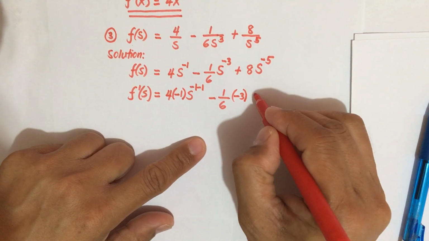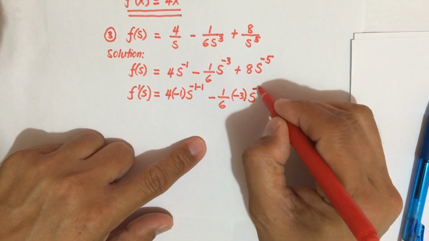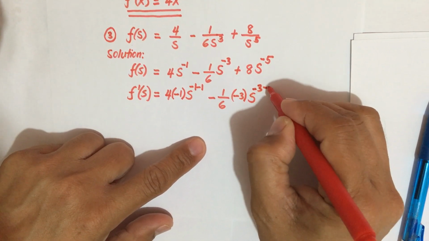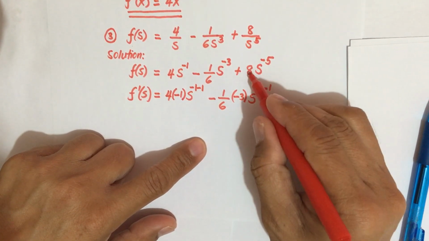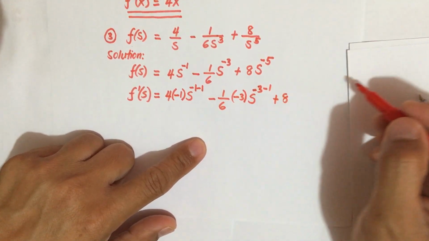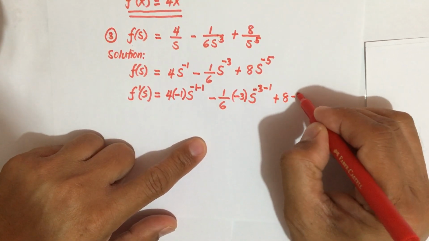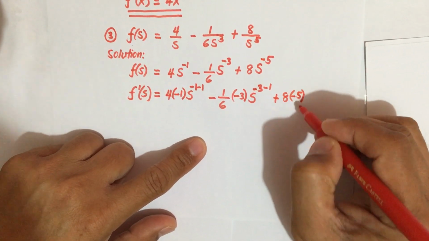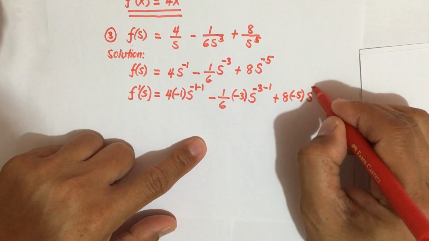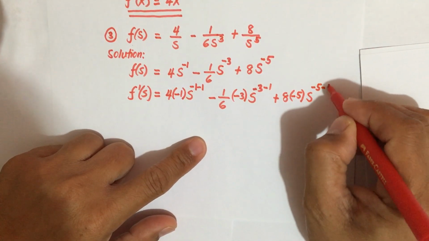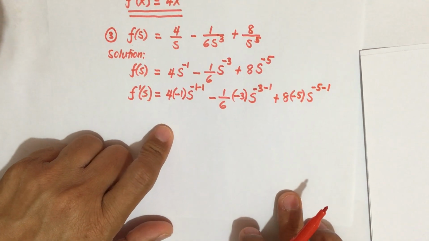Then s to the power minus 3 minus 1, then plus, we have 8 times, bring this down, minus 5, then multiplied by s to the power minus 5 minus 1. Okay, so we are following the power rule together with the other rules.